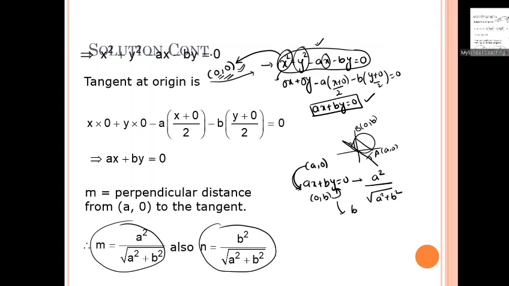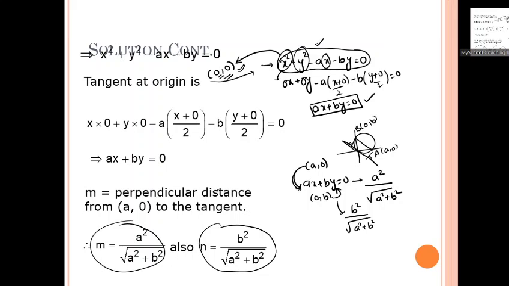You're going to get b square by root of a square plus b square. Okay? Clear? Yes, sir. Okay or not?